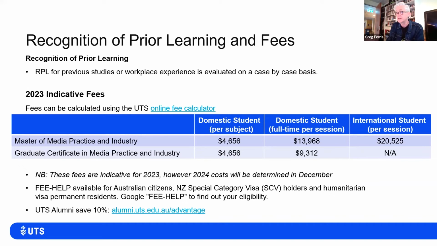Again, Nate, you might like to put that link in case anyone is coming from an undergraduate degree. We do have a lot of people coming from our own media arts and production undergraduate degree into the MPI. So there is a certain advantage to those students coming through. And of course, these fees are indicative. They may actually change, but these are basically the part if you are interested.